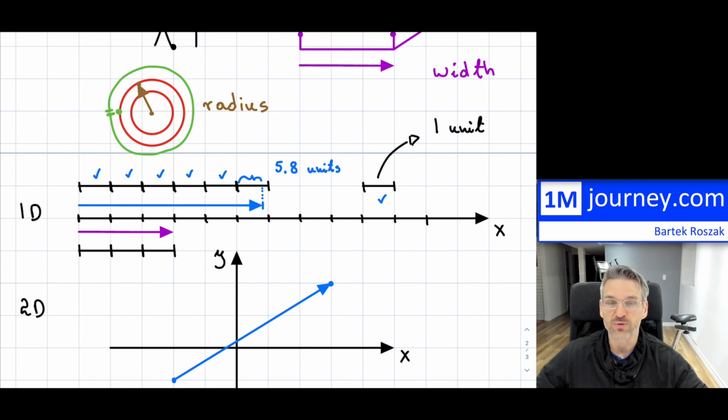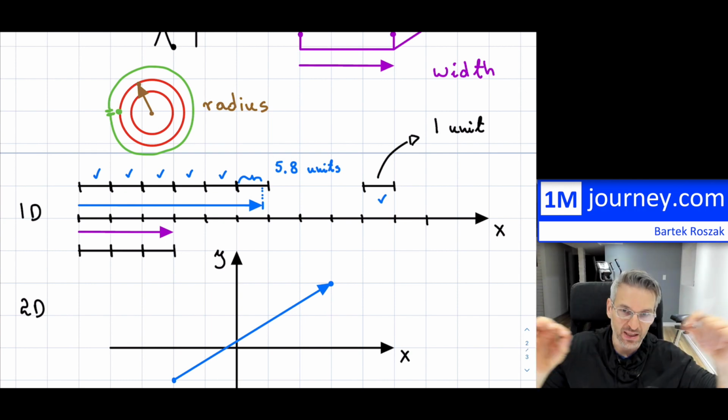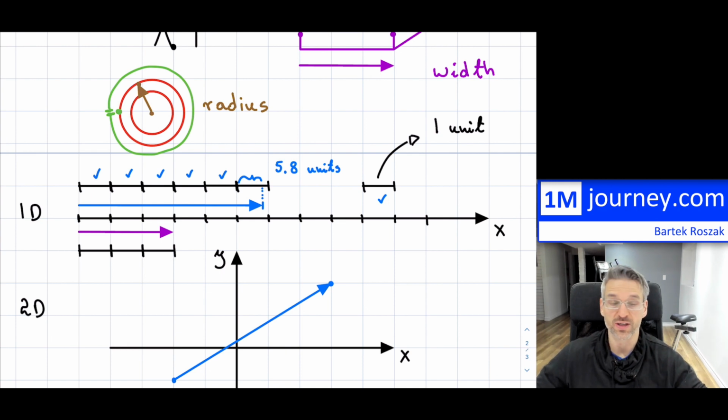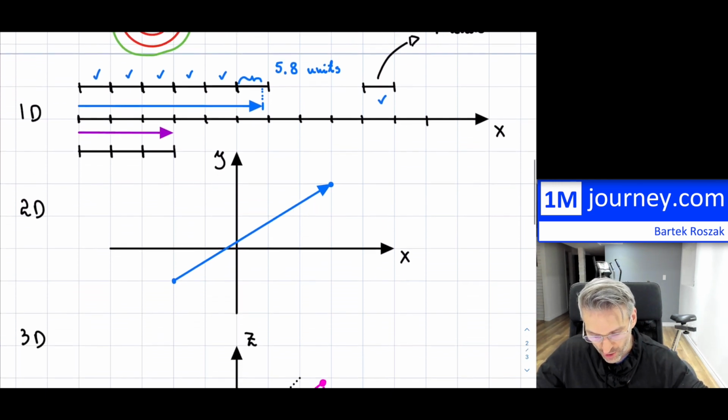And then we can count how many of those units we have in a particular distance. So if we say 3 and then 5.8, depending on what unit you're using, we clearly know which one is longer, which one is shorter, and by how much. And then we can start using mathematical concepts of addition, subtraction, multiplication, and division to treat all of those things. So those units are actually important.